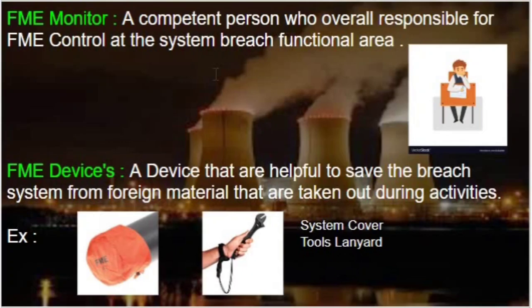FME devices secure all these things with a lanyard, like handcuffs, bags, and so on. FME covers as well. You can see in the picture how the tool is secured here, and the lanyard is connected with the handcuffs, and the cover is used on some open tubes and valves, and so on.